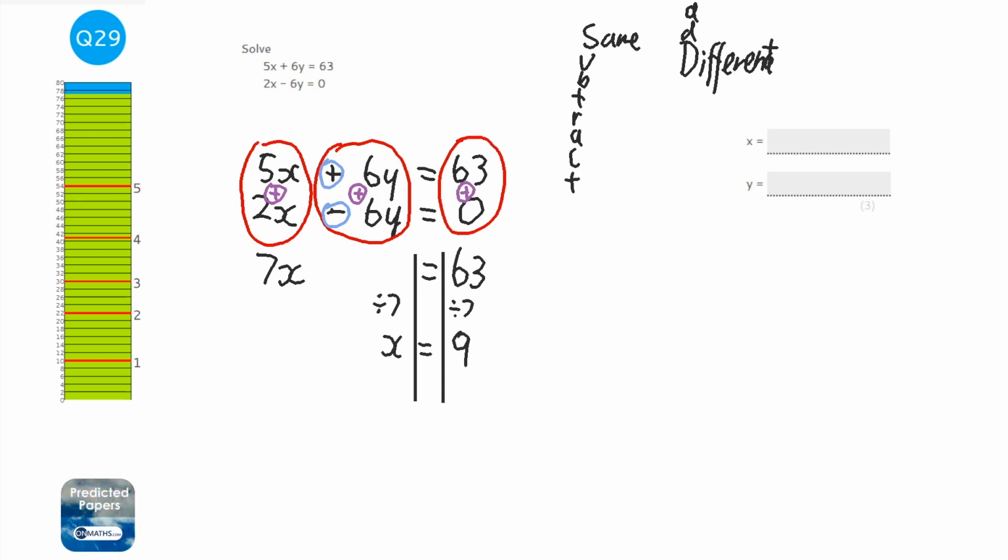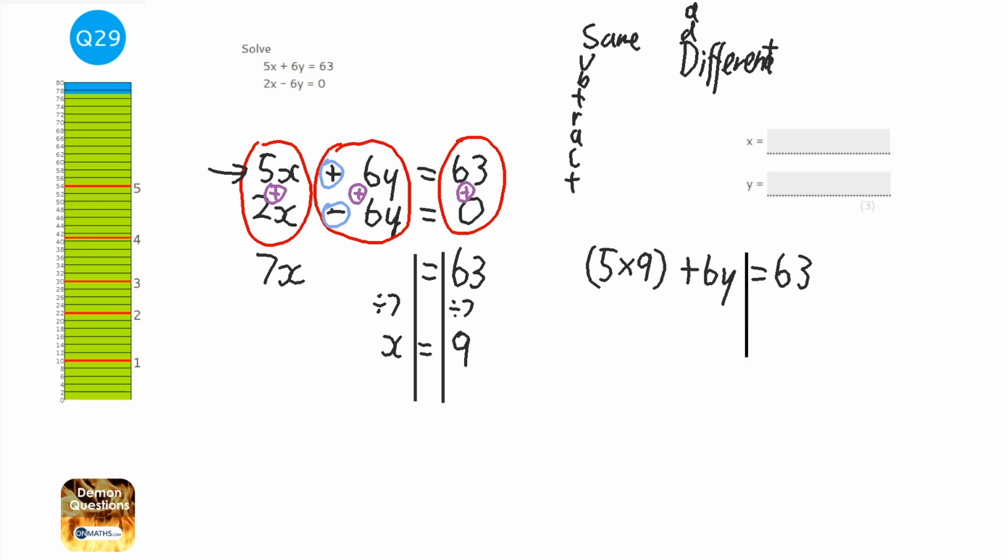Okay, now next we're going to pick one of these equations to substitute that 9 into. I'm going to pick the first one, but it would probably be easier to pick the second one, it doesn't matter. So I'm just going to rewrite this first equation. But instead of 5x, we know it's 5 times 9 plus 6y equals 63. I'm going to put my lines in, and we've got to find out what y is now.